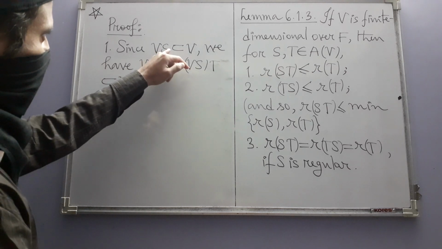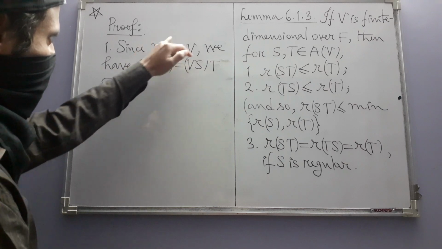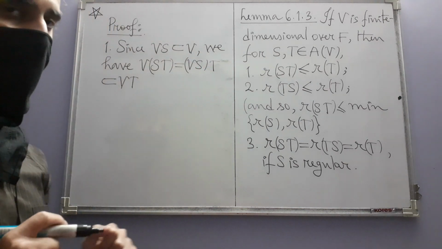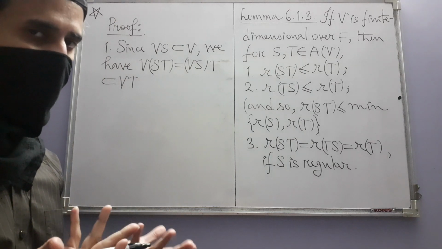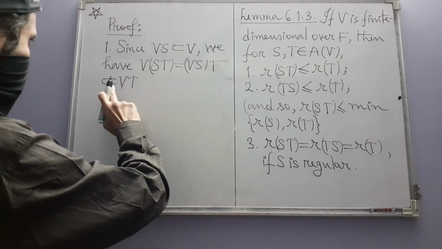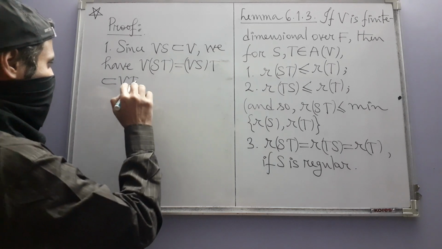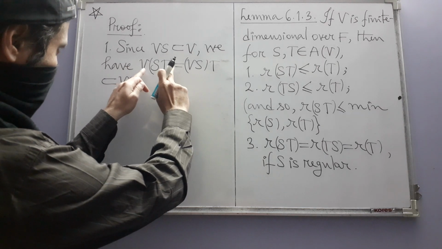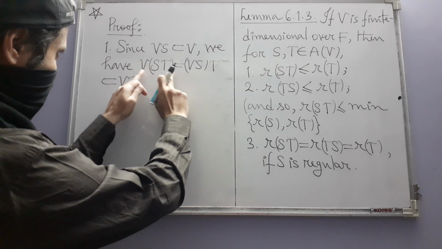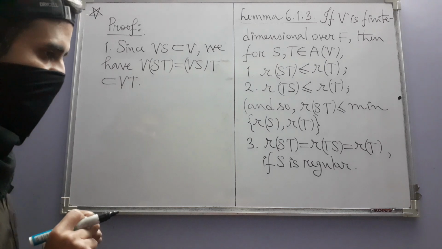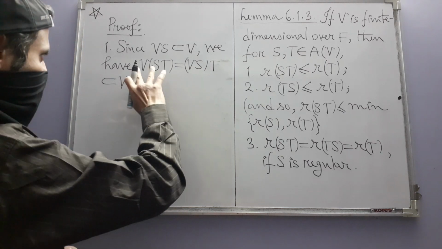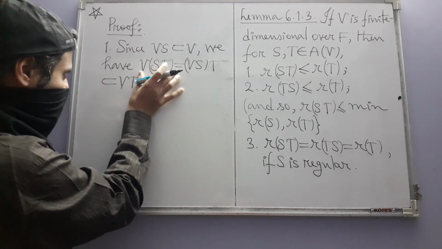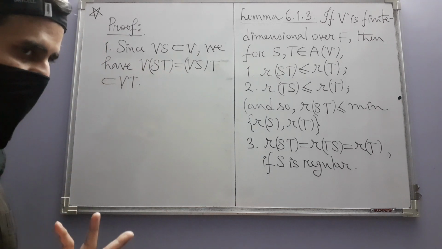That's because when you apply the operator T on these two sets, direct images preserve containment. This is a property of functions in general. So you see that the subspace VST is contained in the subspace VT, or in other words, VST is a subspace of VT. So of course its dimension will be less than or equal to the dimension of this.